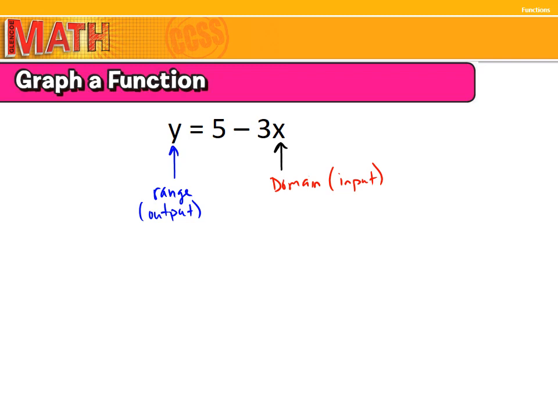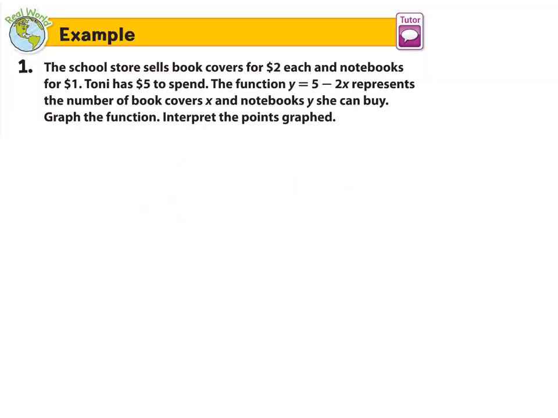Like equations, functions can be represented in words, in a table, with a graph, and as ordered pairs. The graph of a function is the set of ordered pairs consisting of an input and an output. So our first example is a real-world example. The school store sells book covers for $2 each and notebooks for $1. Tony has $5 to spend.